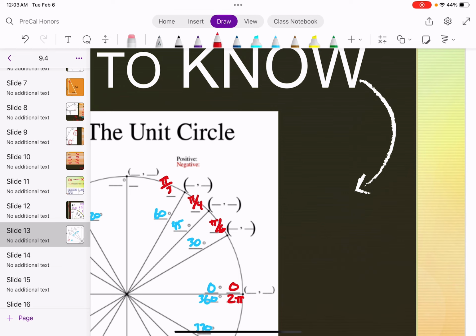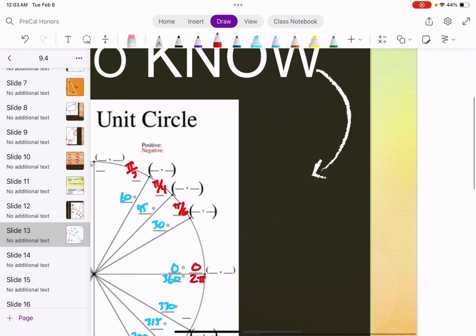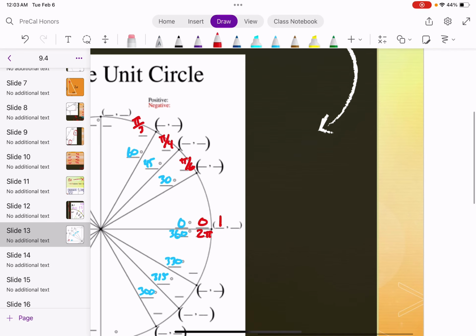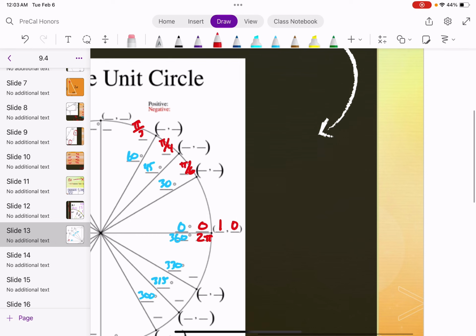Now, once we have this, keep in mind, the radius that we're looking at is actually 1. So our points would be 1, 0, and this would be 0, 1. This would go in relation to our x values: 1/2, square root of 2 over 2, and the square root of 3 over 2.